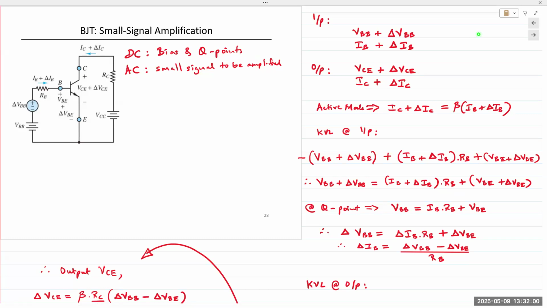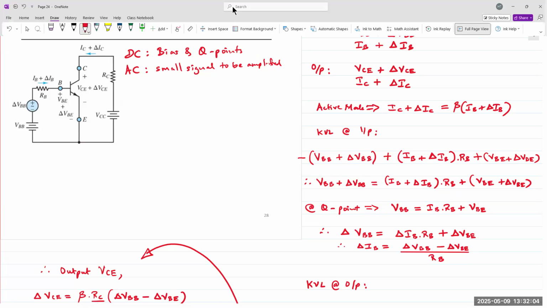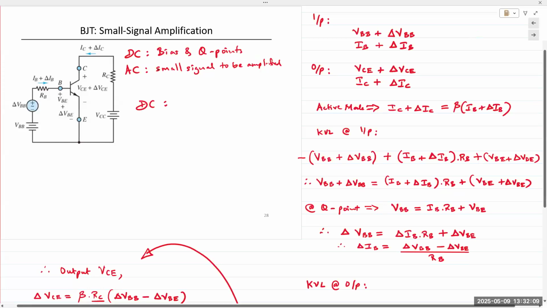Now, typically, DC is all uppercase notations. So it's VCE, IC, IB, everything is uppercase, including the subscript.